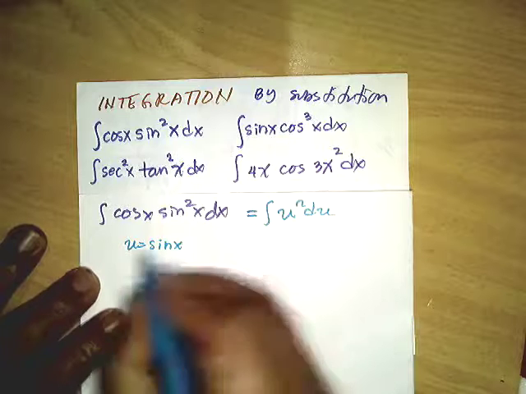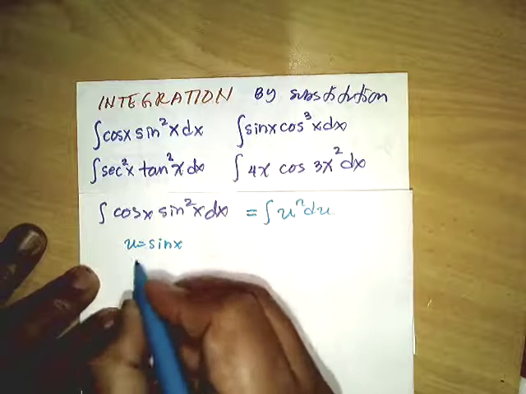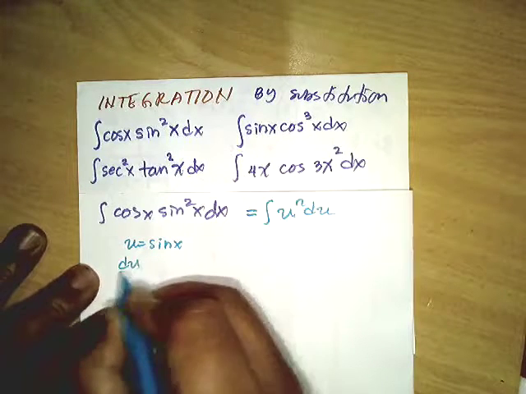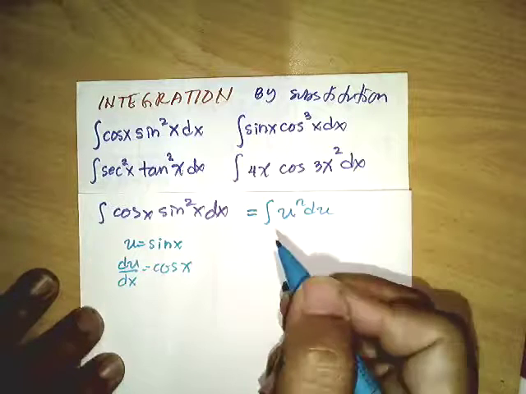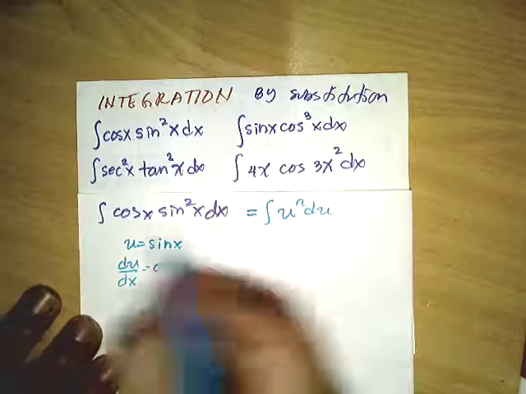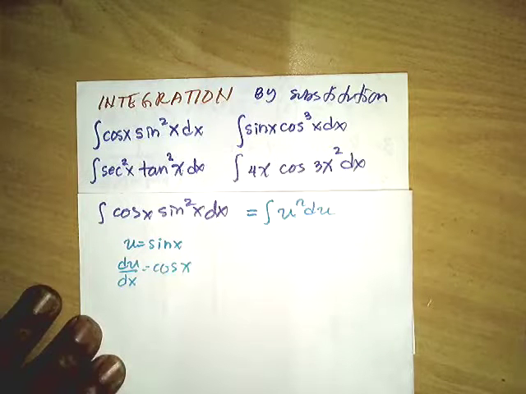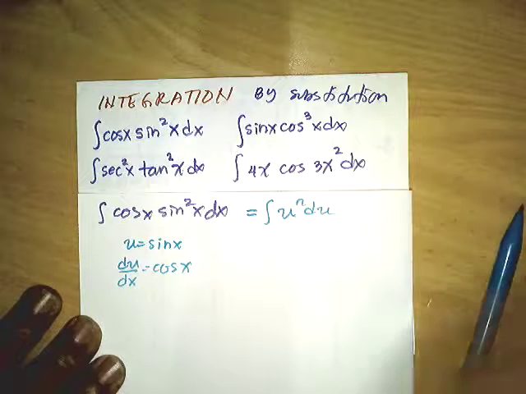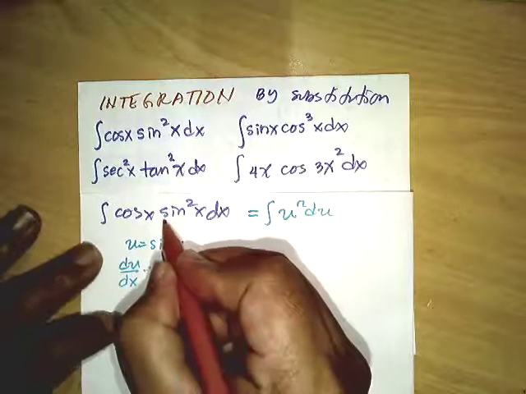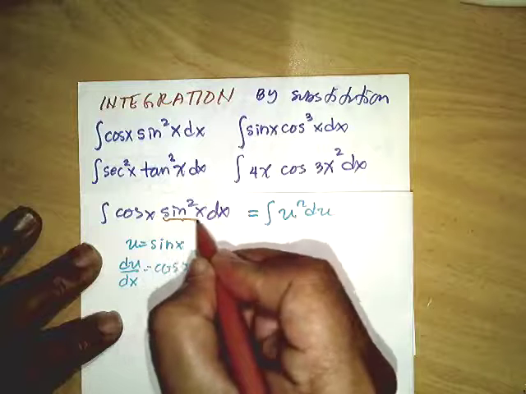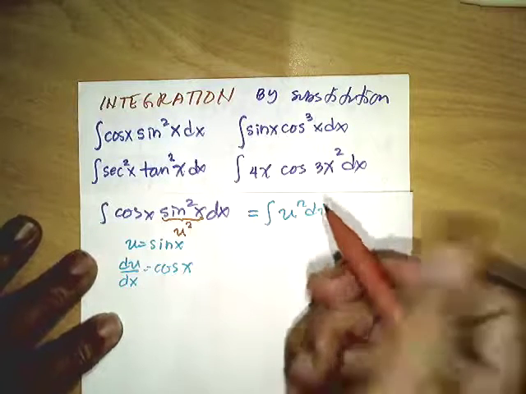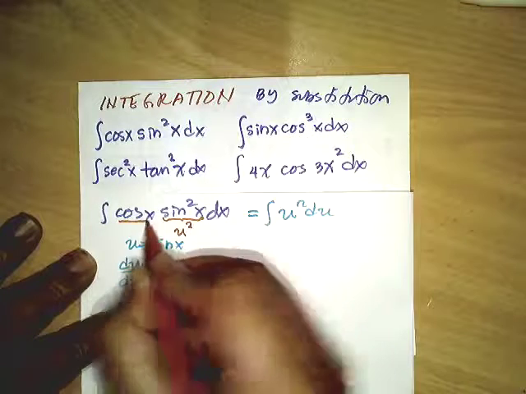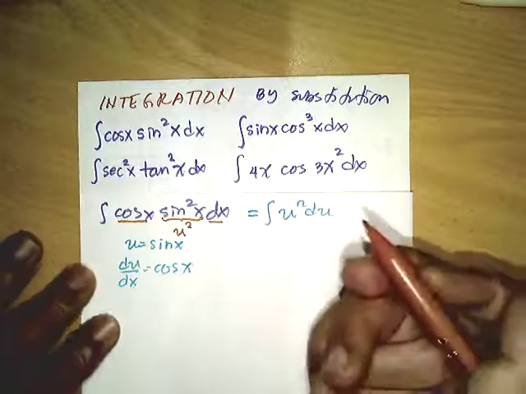Okay? So now, the derivative of u with respect to x is cosine x. Therefore, this integral by substitution will be equal to, so this sine squared x becomes u squared. This cosine x dx is the one that remains there.